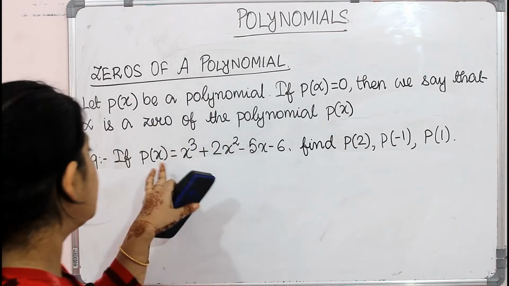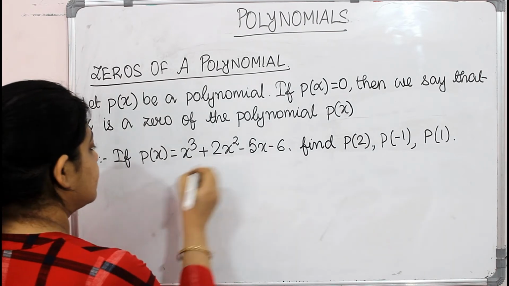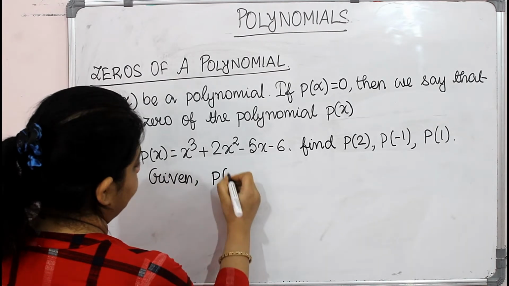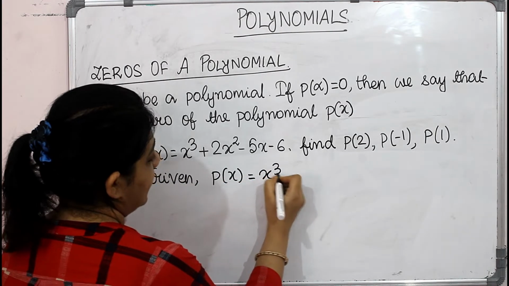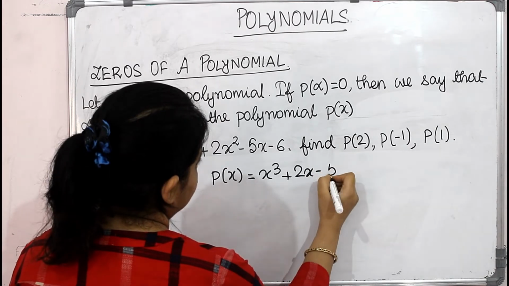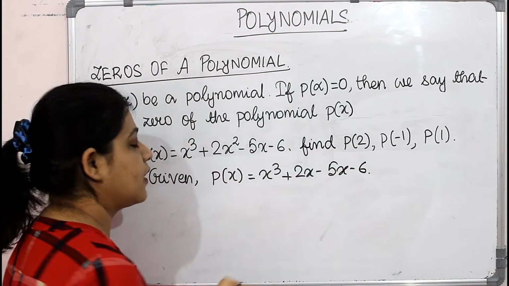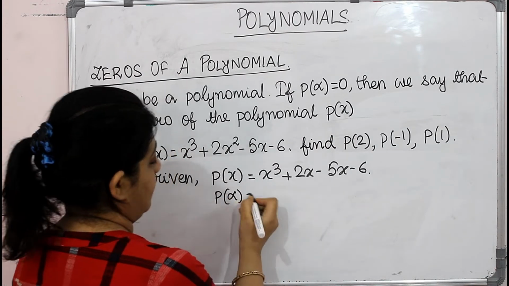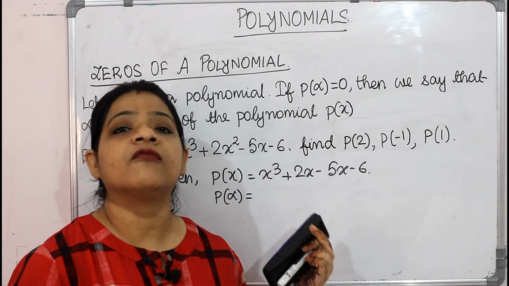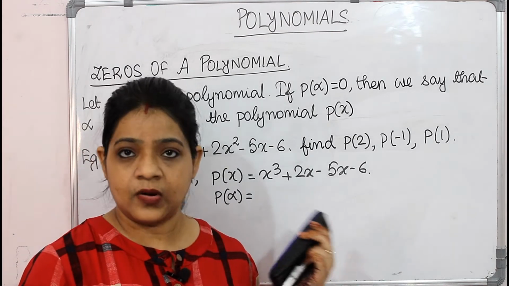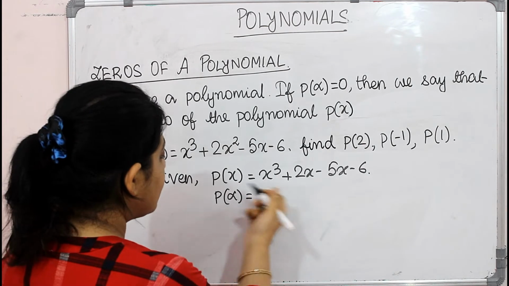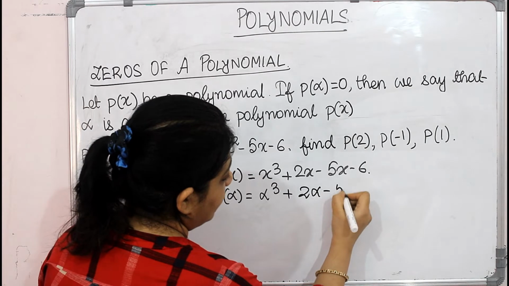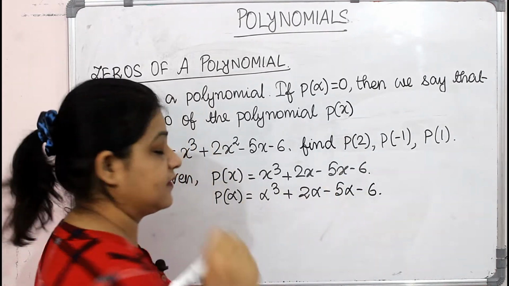Suppose p(x) is given as x cube plus 2x square minus 5x minus 6. Let's consider that we are to find p(alpha), the value of the polynomial at x equal to alpha. We replace x with alpha: alpha cube plus 2 alpha square minus 5 alpha minus 6.